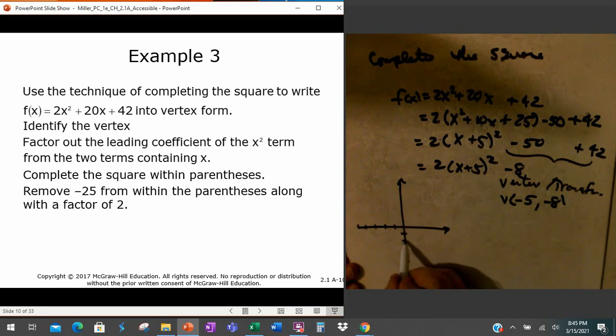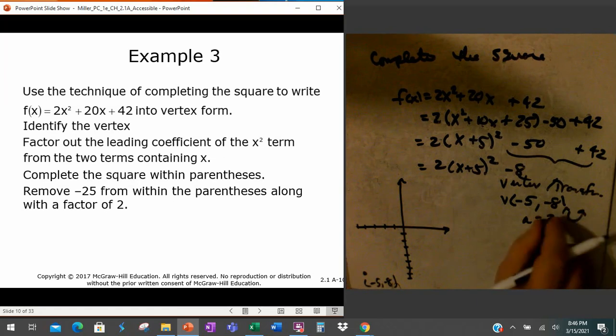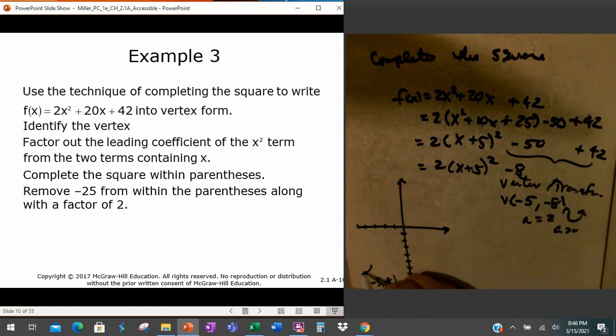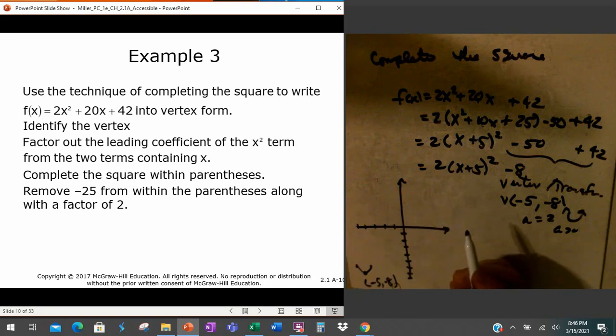Down 8: 1, 2, 3, 4, 5, 6, 7, 8. So right there is my vertex at negative 5, negative 8. My a is equal to 2, a positive number, a greater than 0, so I'm opening up. So it looks like I'm going to have some x-intercepts, and I'll always have a y-intercept.